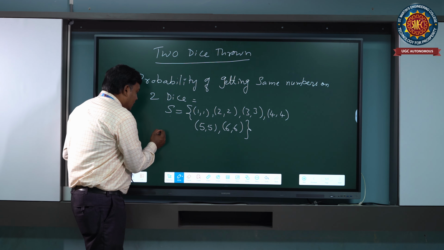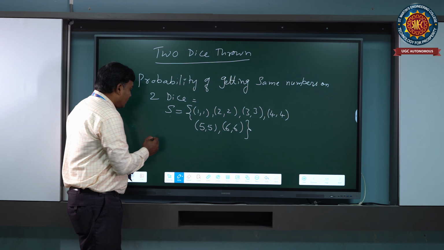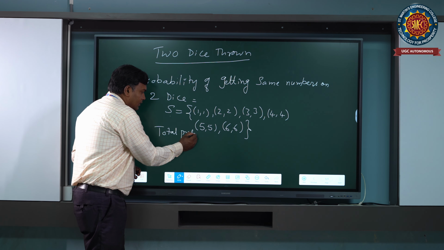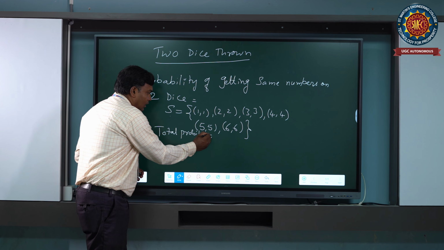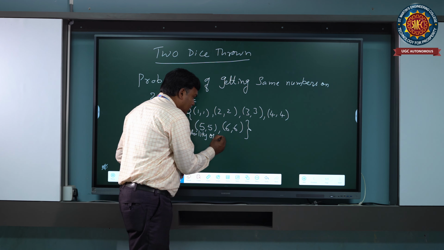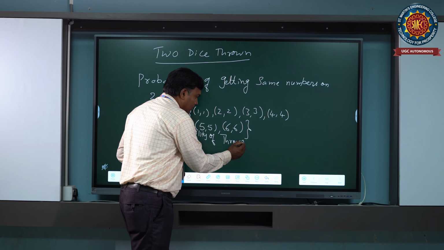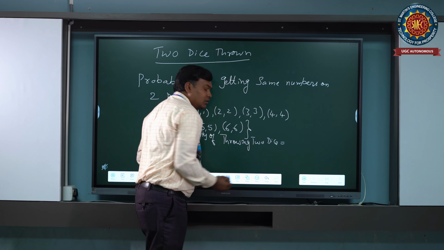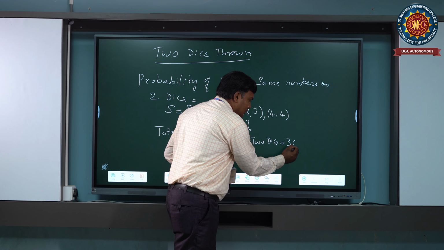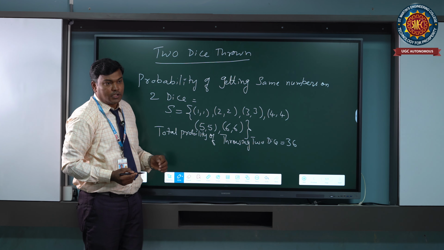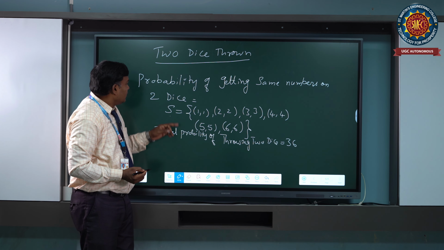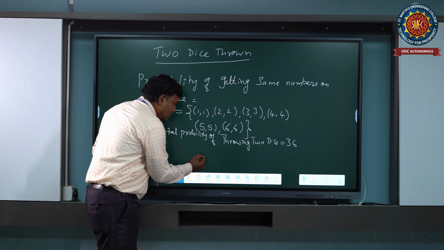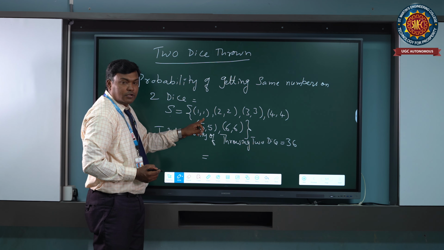So now what is the total number of outcomes of throwing 2 dice? It is equal to 36. 36 total outcomes we will get. So now the probability of getting the same numbers on 2 dice is equal to the favorable outcomes over the total outcomes in the sample space.